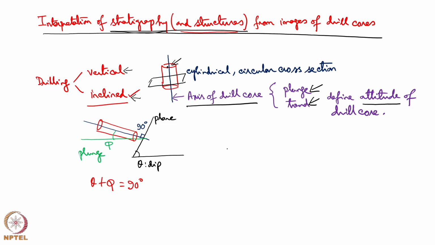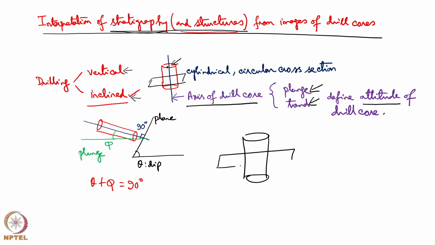What will be its manifestation? Let us take a vertical drill core and imagine that it is cut by a horizontal plane. Now this intersection will be circular.